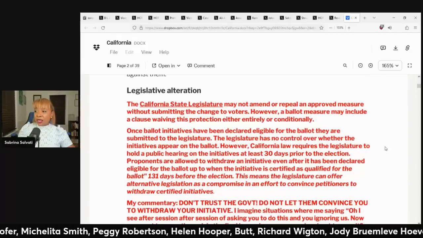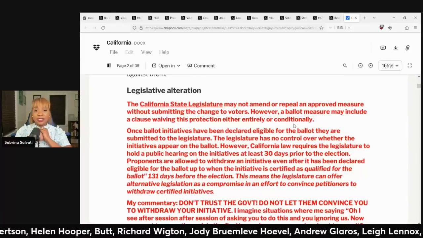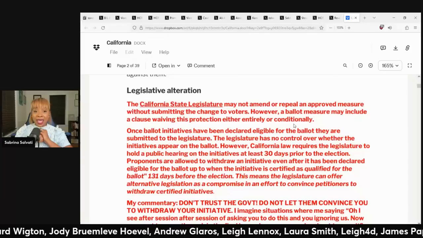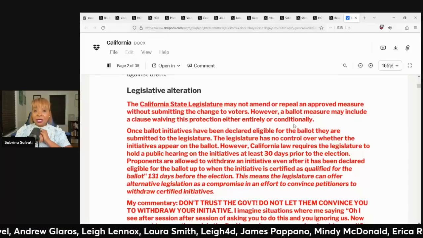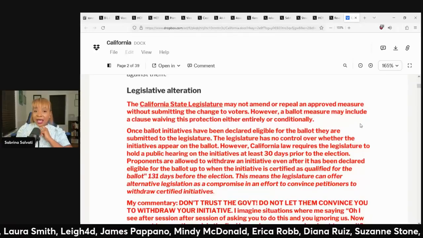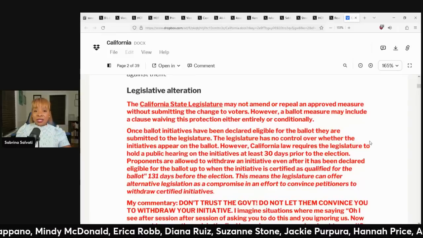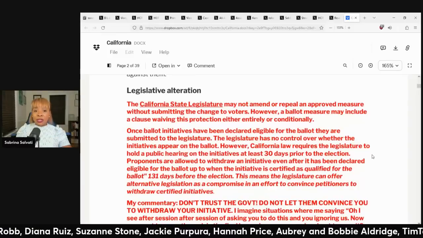This part here is interesting. Alteration. The California state legislature may not amend or repeal an approved measure without submitting the change to voters. However, a ballot measure may include a clause waiving this protection either entirely or conditionally. Once ballot initiatives have been declared eligible for the ballot, they are submitted to the legislature.